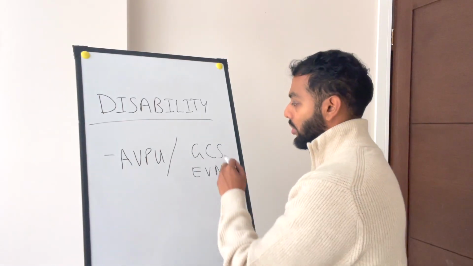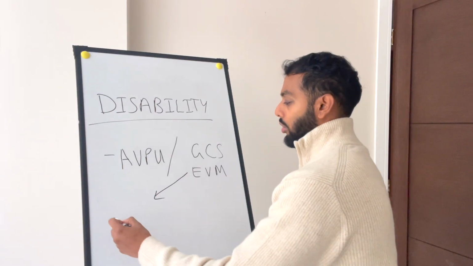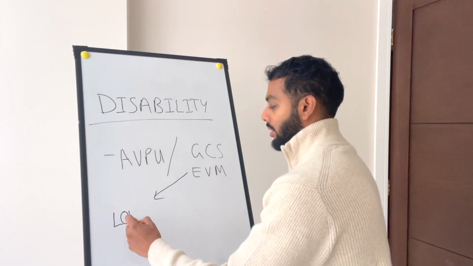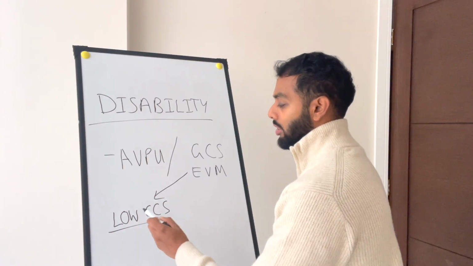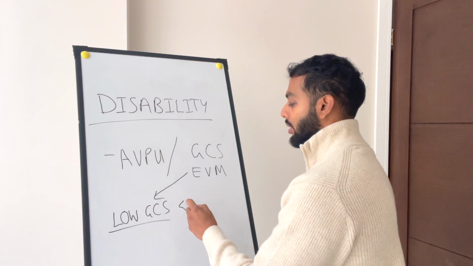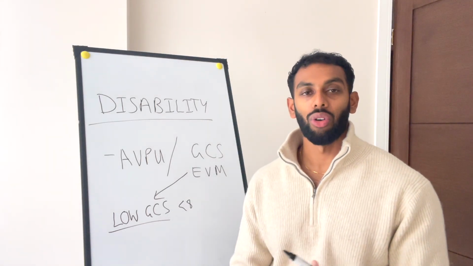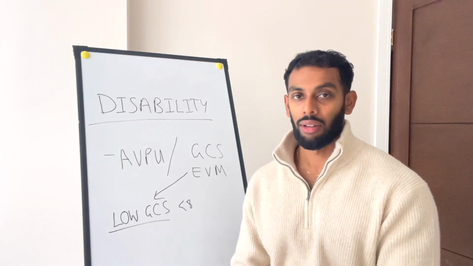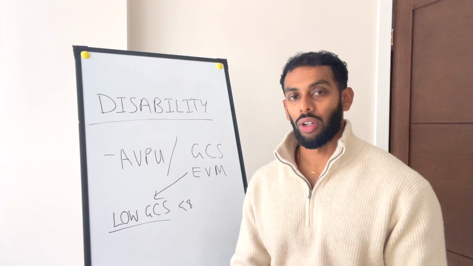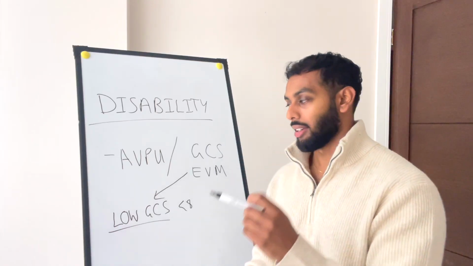But the relevance of the GCS is, if the GCS is low, this is a life threat, okay? This is something to be concerned about. If the GCS is low, by low I mean less than 8, for example, the patient will not be able to maintain their own airway. So what do you do in this situation? You go back to A, right?